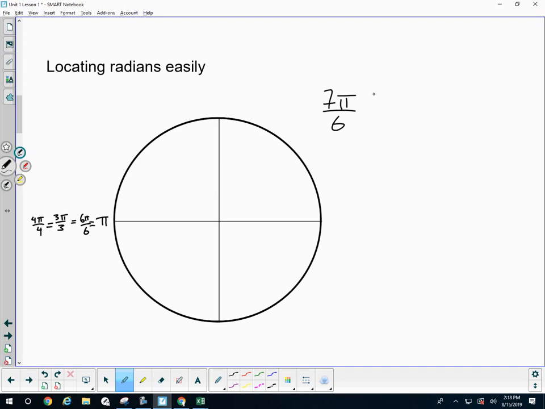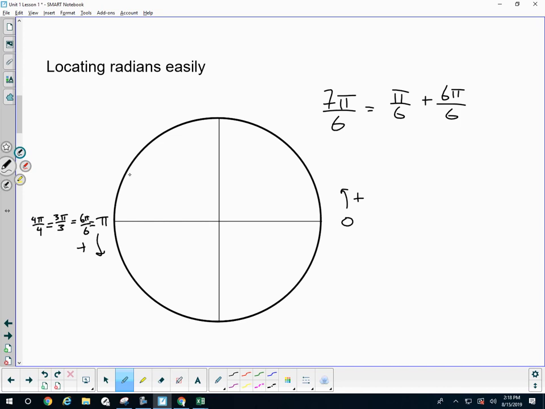Well, 7 pi over 6 is just 1 pi over 6 added to 6 pi over 6, or 1 pi over 6 added to pi. Well, since I know when I go counterclockwise, I'm adding.